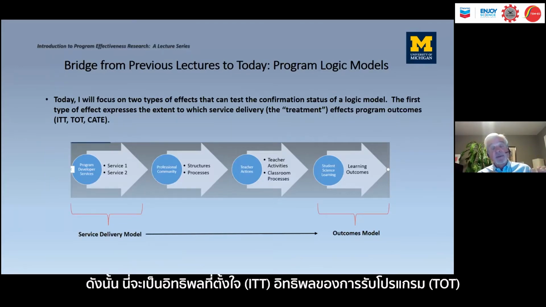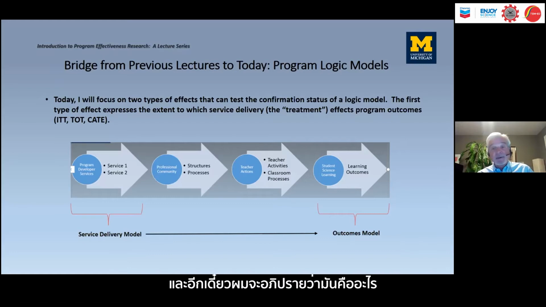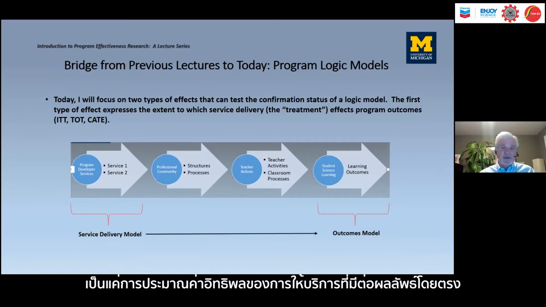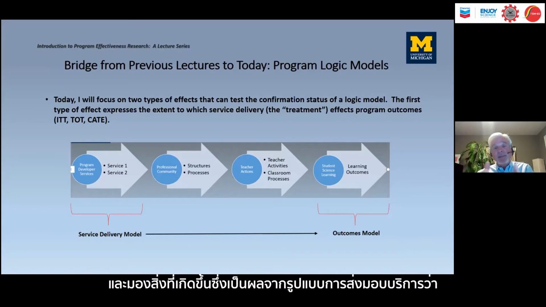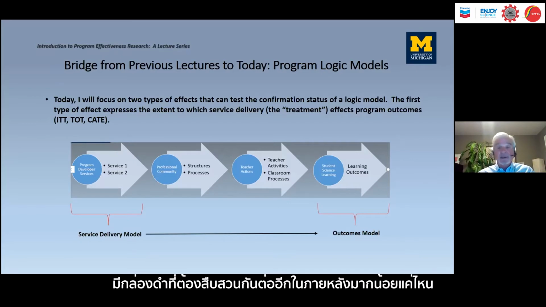So this is going to be the ITT effect, the TOT effect, and the CATE effects, and I'll discuss what those are here in a minute. But part of this is just about estimating direct effects of service delivery on outcomes and treating what happens as a result of service delivery more or less as a black box to be investigated later.